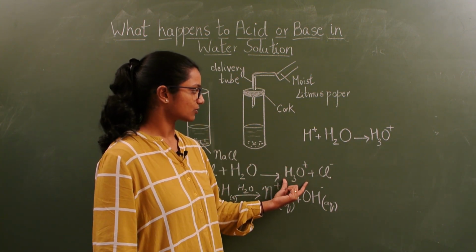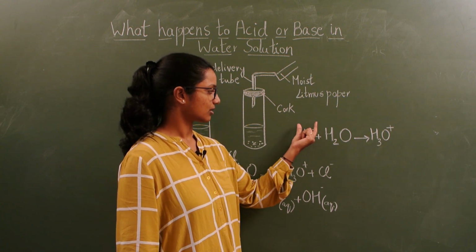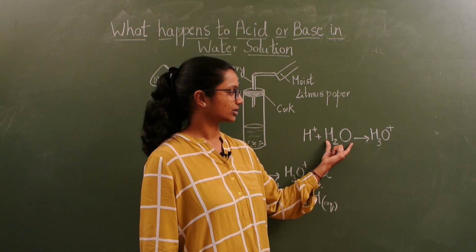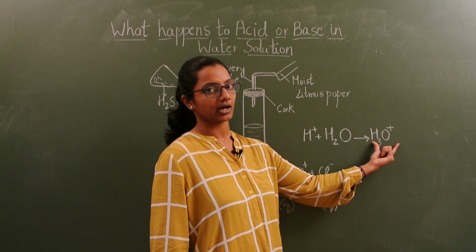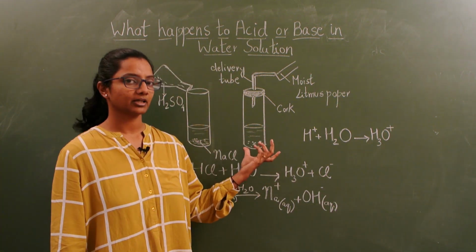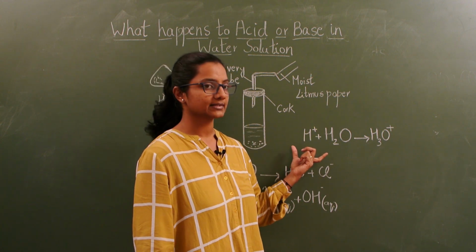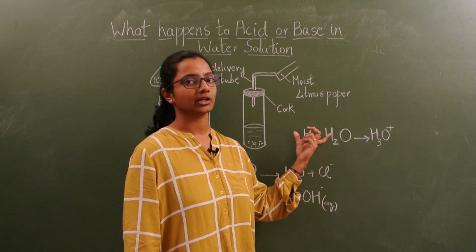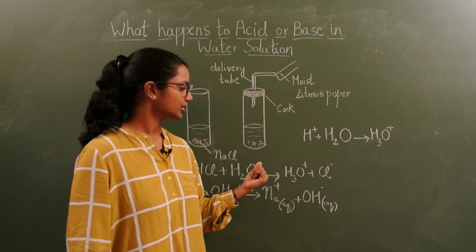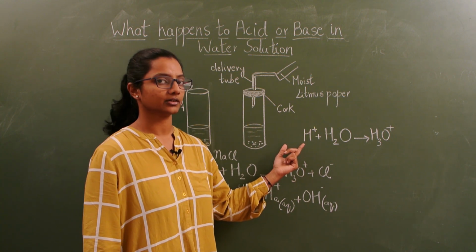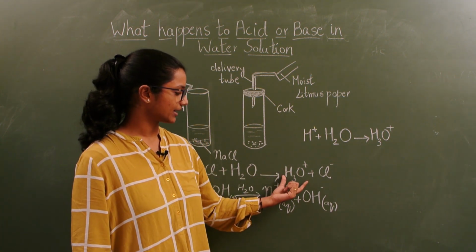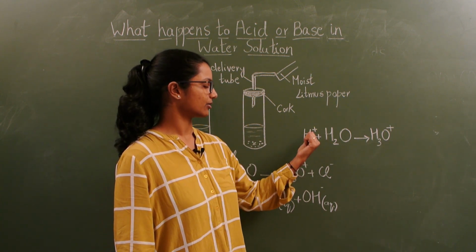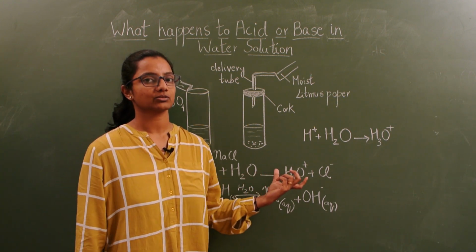The hydronium ion is formed when the H+ cation combines with water. This is the hydronium ion. So this experiment proves that for HCl to form its ions, it has to come in contact with water. Here it is not in a single state but combined in the hydronium ion. It's not in the single hydrogen ion form. A similar thing happens with bases.